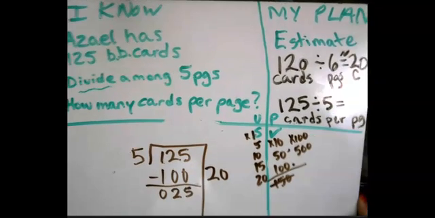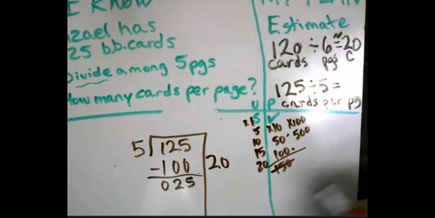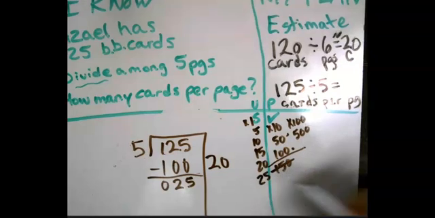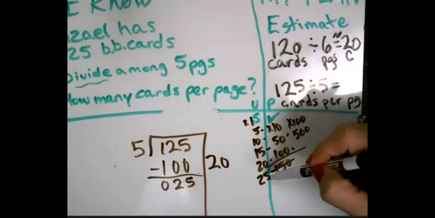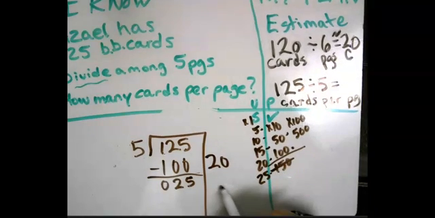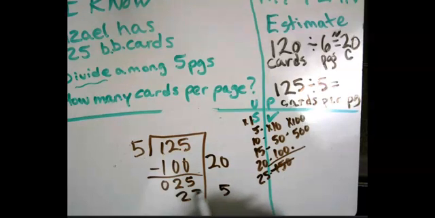Oh, and then I know this one. This is 5 times 5 is 25. 5 times 1, 5 times 2, 5 times 3, 5 times 4, 5 times 5 is 25. So now I've gotten myself to 0, so I don't have to do any more of that part.